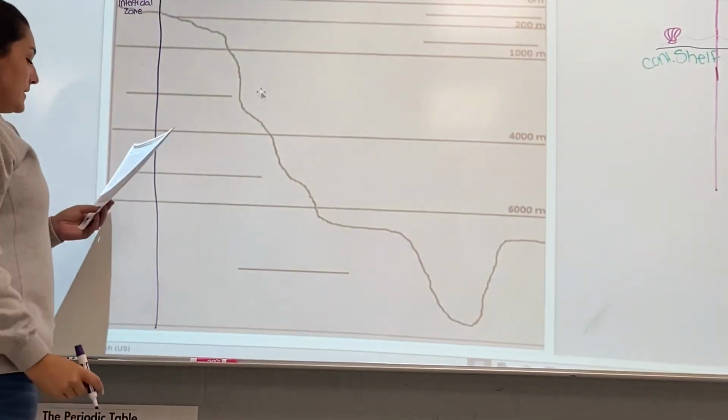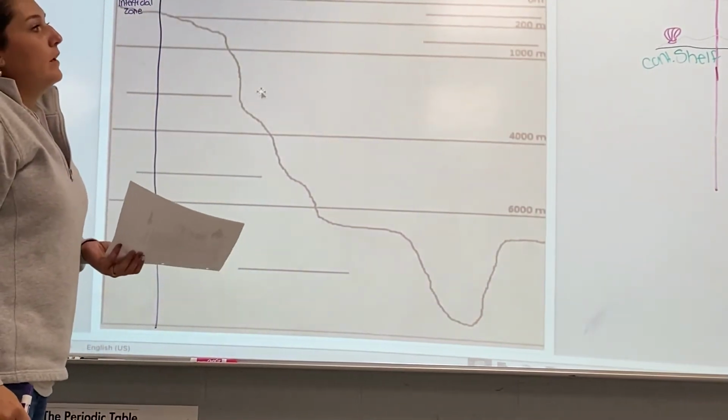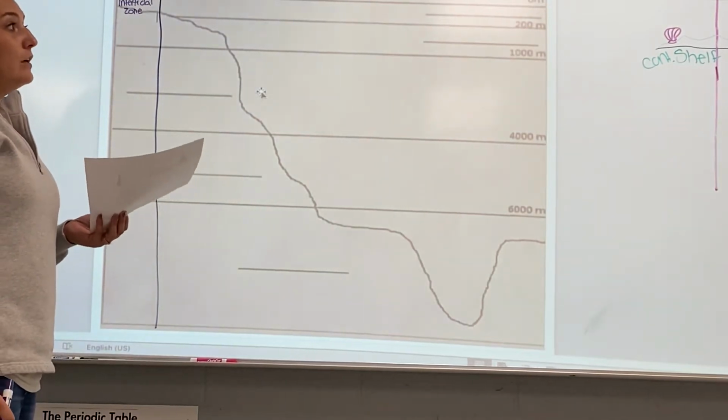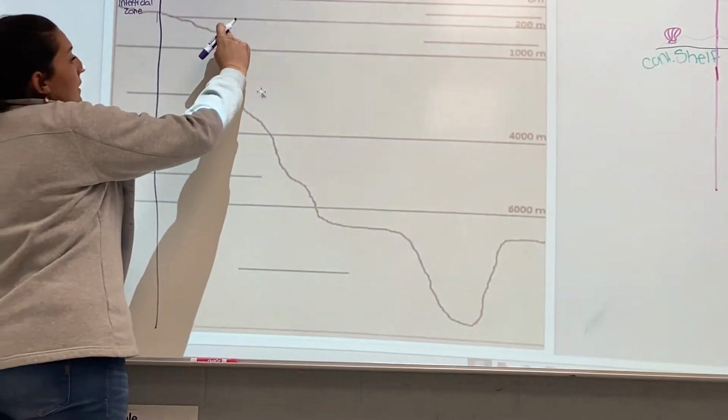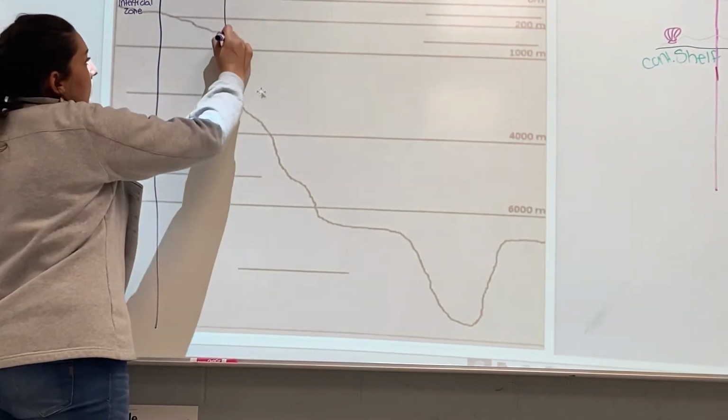The next thing it asks me to label is the neritic zone. The neritic zone is the near the shore zone. It extends from low tide to the continental slope.